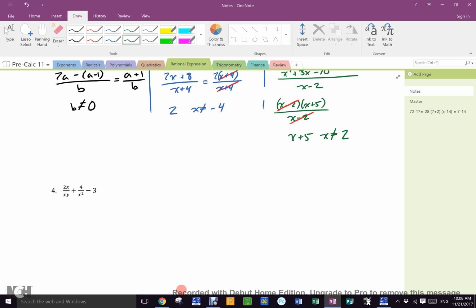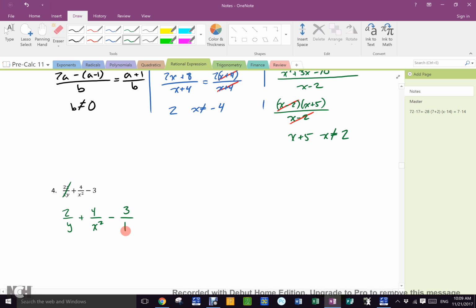Can I simplify anything? Can I not get rid of those x's? All right. So I'm going to rewrite this as 2 over y plus 4 over x squared minus 3 over 1. Everybody agree? All right.